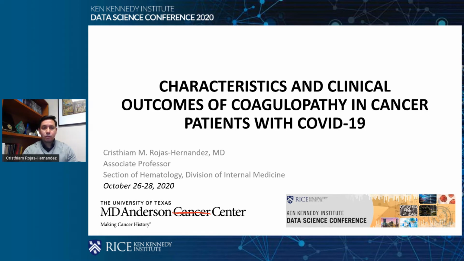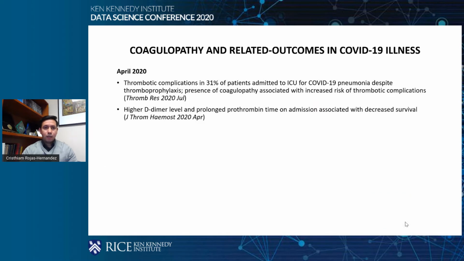So I'm going to talk about the features of coagulopathy in the cancer patients that we've had who suffered SARS-CoV-2 with the COVID-19 syndrome. Just to educate everyone in the audience in regards to the topic of my interest, thrombotic complications, which is blood clotting, were earlier described in the pandemic to occur in around a third of the patients that had severe disease for COVID-19.